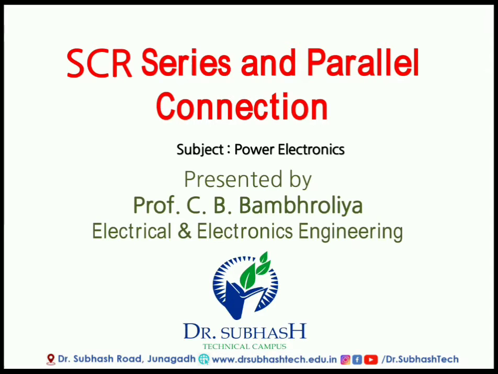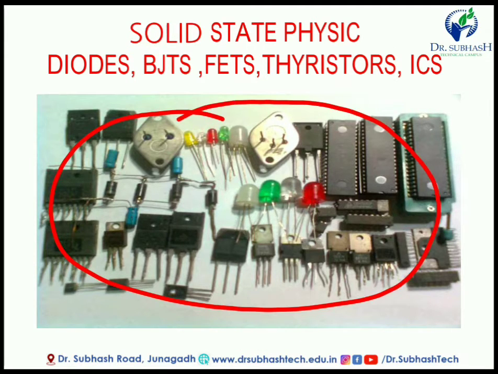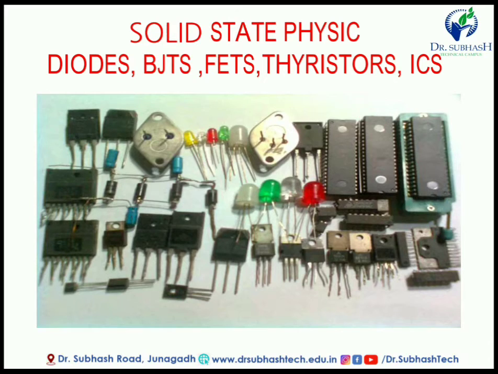So let's start. These are the different electronic devices: solid state, diode, BJTs, FETs, thyristor and ICs, all shown in this image. A power electronic device is bigger than a small power device, and a heat sink is used to handle the high power rating.